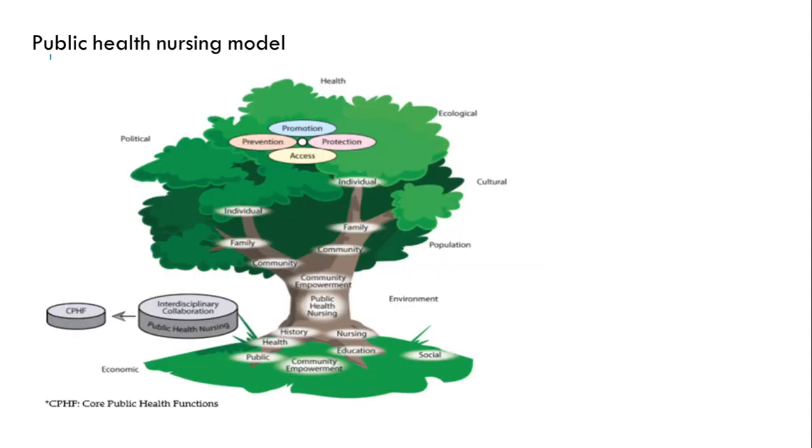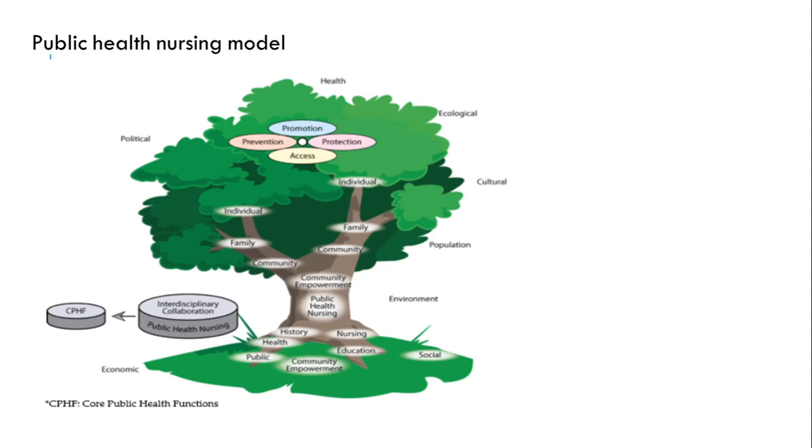Finally, we will talk about the public health nursing model. Actually, this is a conceptual model rather than a guide for practice. According to this model, the community health nurse is like a flowering tree.